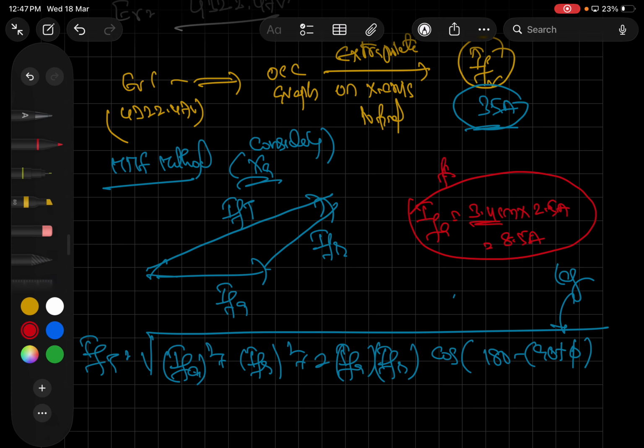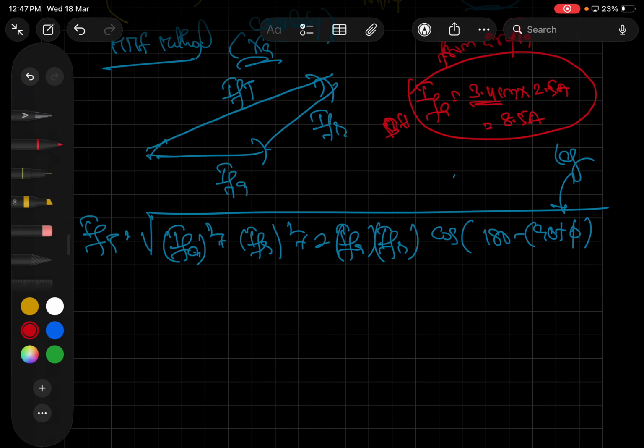From the graph, the IFL length is equal to BH. So let's substitute these values here.